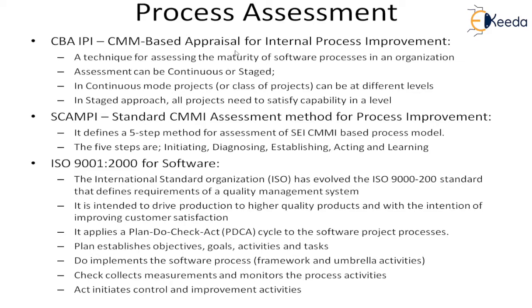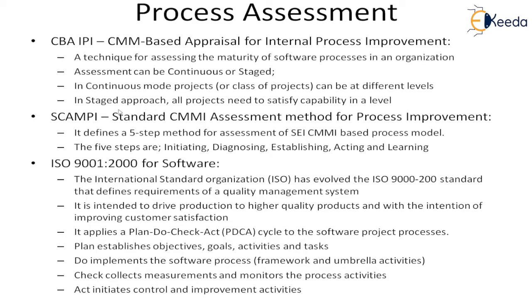For CMM based, the earlier method was CBA IPI, that is CMM-based appraisal for internal process improvement. So either it can be continuous or staged. Either the capability of the process or the maturity of the organization will be assessed.